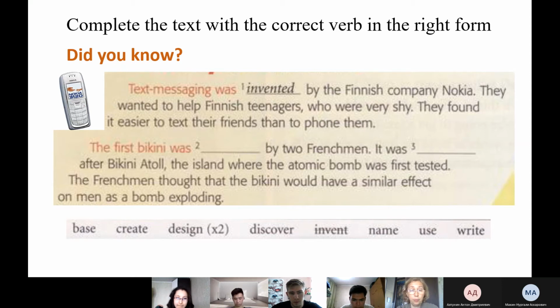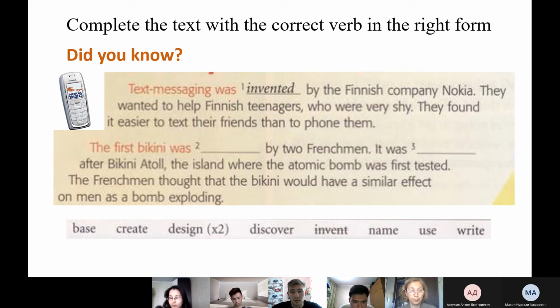How is the name of bikini connected with? Why is it called bikini? Почему вот назвали их так? It was named after Bikini Atoll, the island where the atomic bomb was first tested.